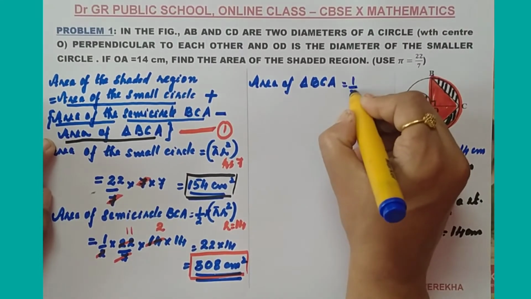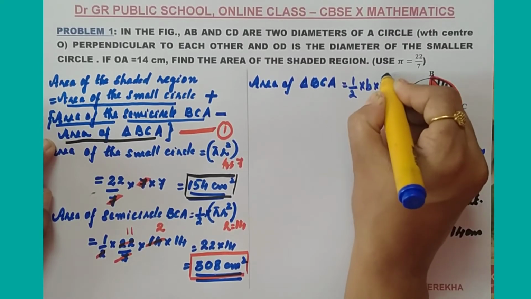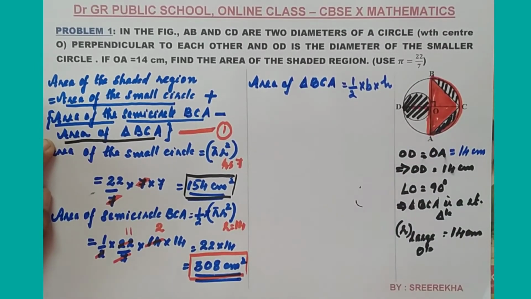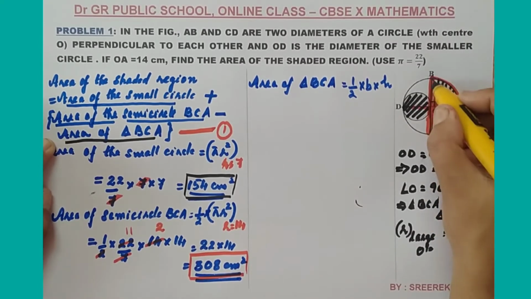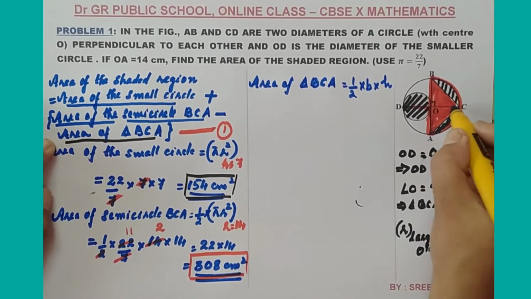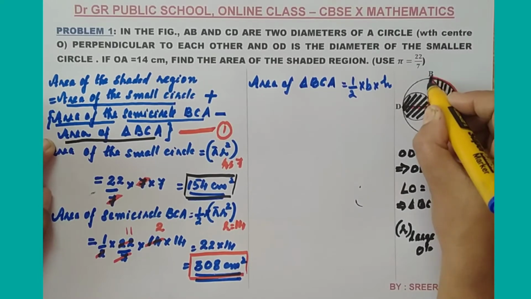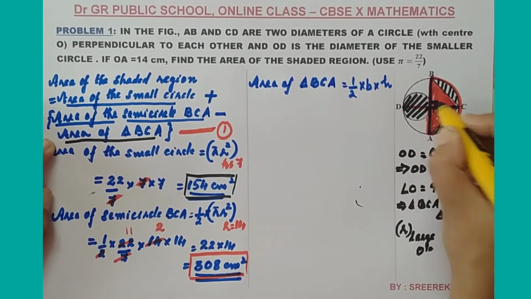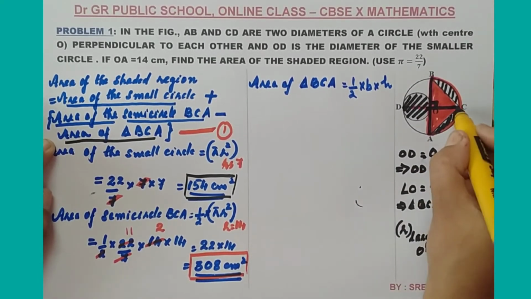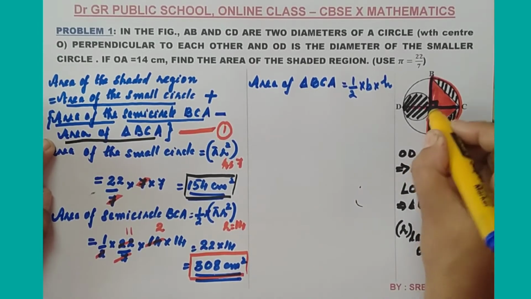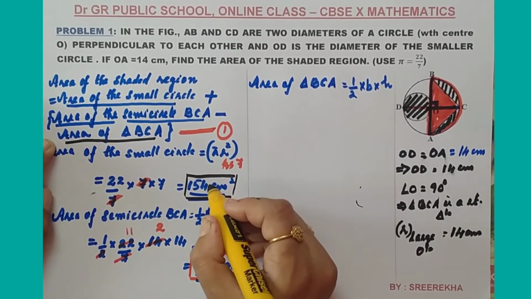Area is half into base into height. From the figure, we can identify the base and height. I am going to take the base as BA. Why? Because these two lines are perpendicular to each other, as given in the question. So CO is the altitude which is perpendicular to the base BA.